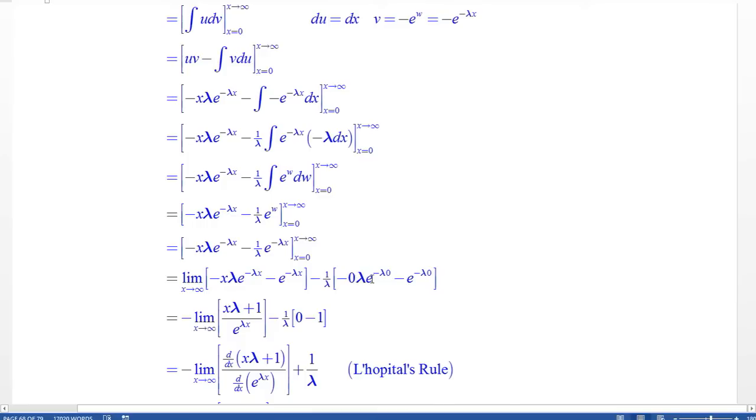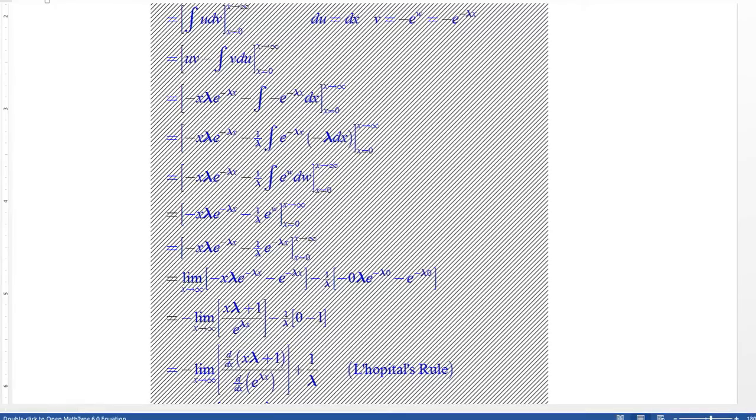But this term is 0, so it doesn't really matter. No, that's okay. This part should go here.